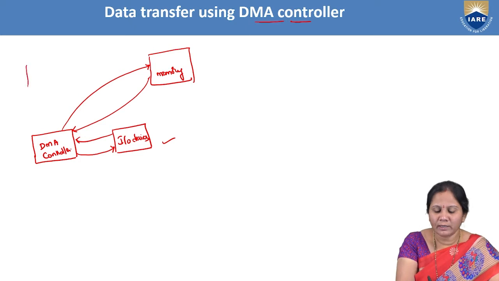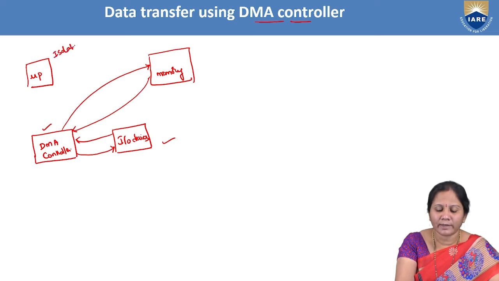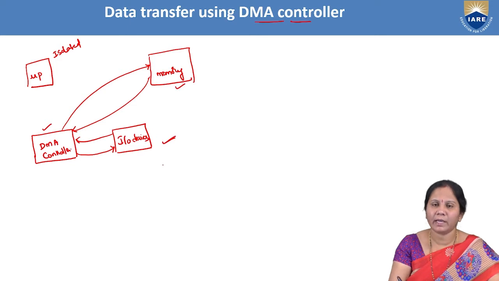Generally here we will have a microprocessor. Once the bus access is given to the DMA controller, the microprocessor will get isolated and the data transfer will happen between the main memory and IO devices directly by using the DMA controller. No need for using the microprocessor, no need for fetching and decoding.